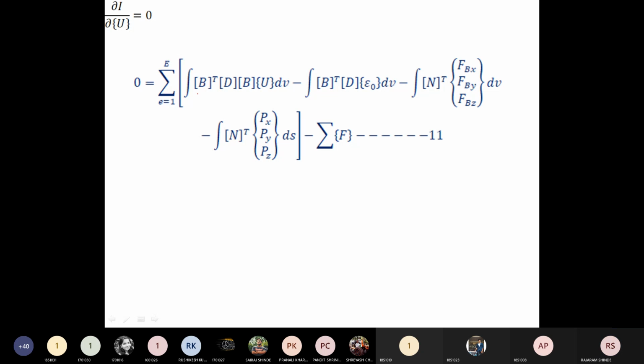Okay, 2 and half cancel, and you get the first term. You will get the second term; u transpose will be removed from here. Now here u transpose is removed, here u transpose is removed, and here also u transpose is removed, and this I have taken out of the square bracket because it is a single or point load. Okay, any doubt in this equation number 11?